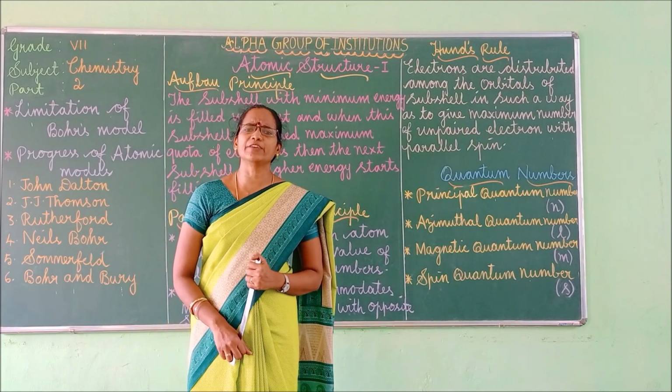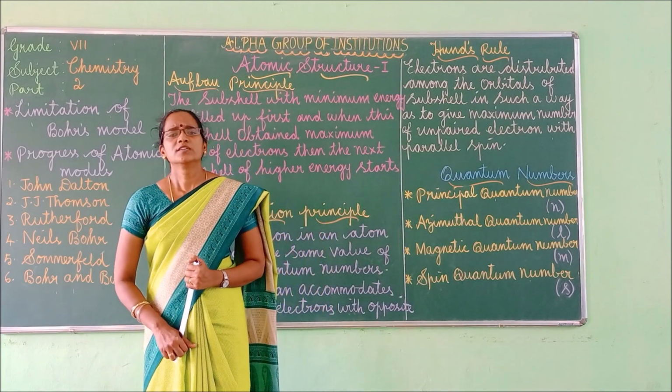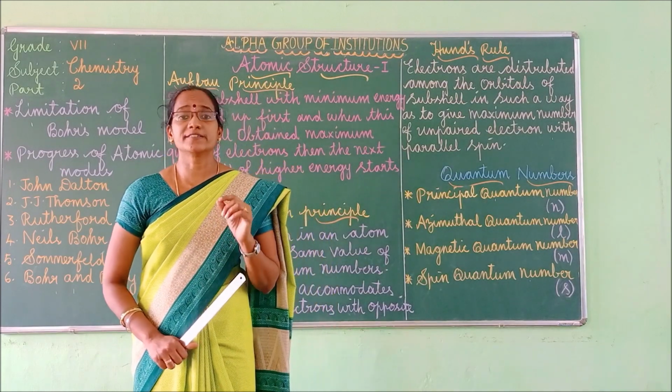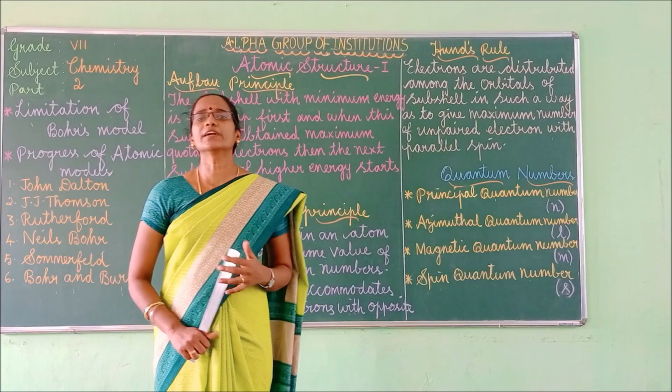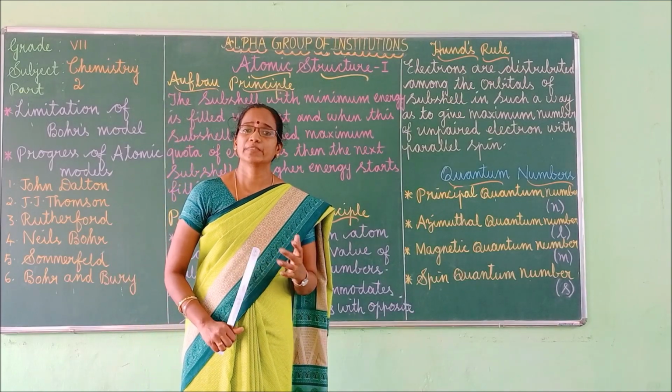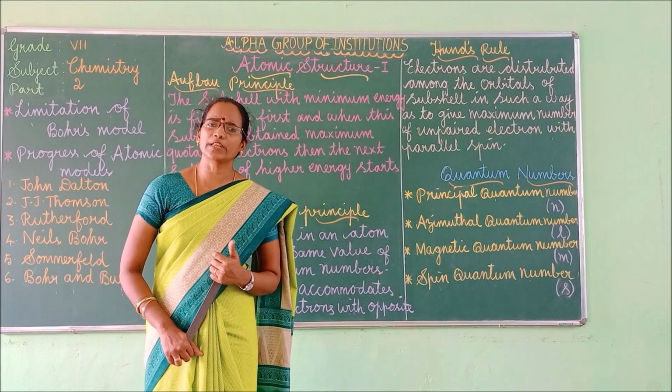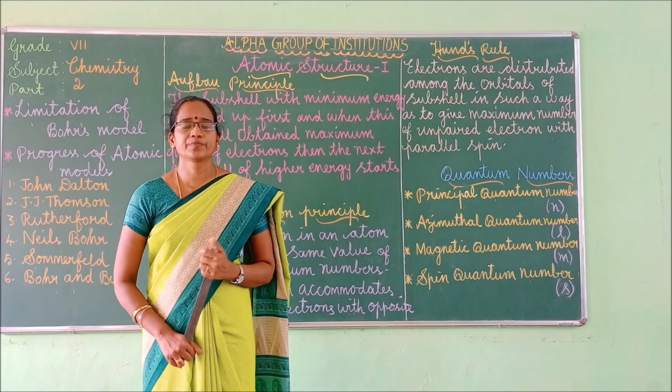So, what is the meaning of spectrum? Spectrum means when a beam of white light is dispersed, different colors are formed. These are called spectrum. At the same time, what do you mean by atomic spectrum?